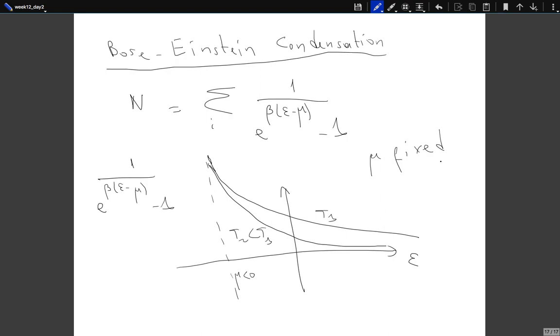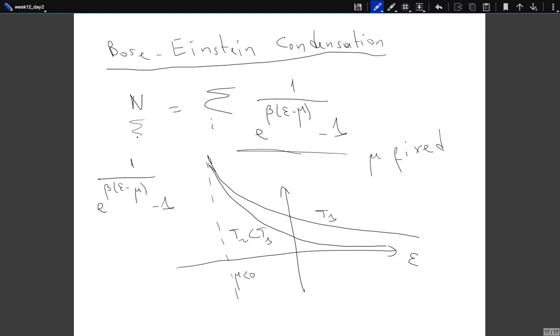All of them try to go to the ground state. But then we have a problem if mu is fixed. The problem is this sum over here is fixed by the number of particles I have. But if all the terms appearing in my sum are getting smaller and smaller, I cannot keep that number constant.